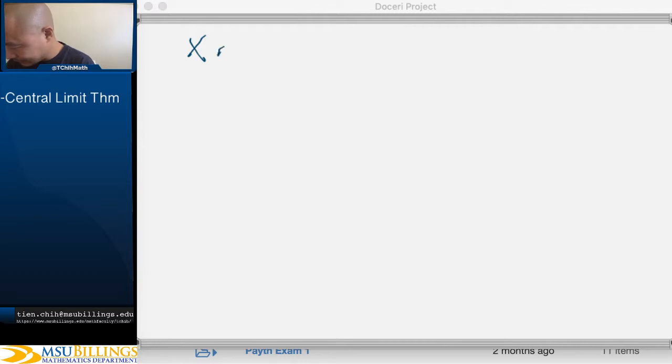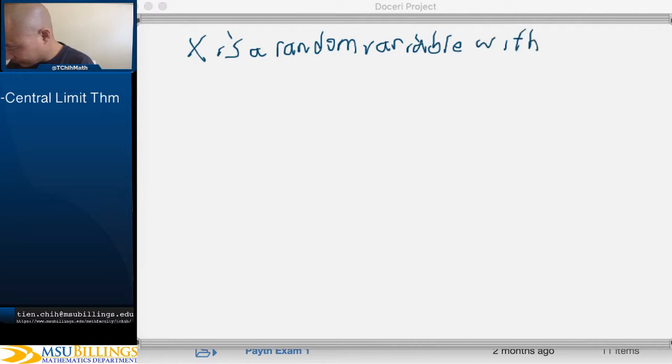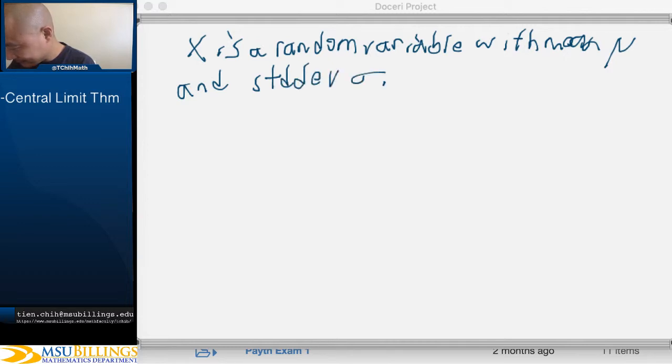So let's say x is a random variable with mean or expected value mu and standard deviation sigma. Let x2 be x plus x over 2.